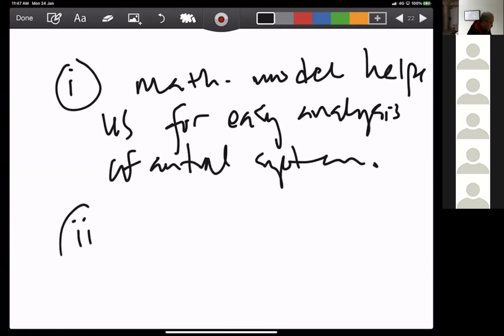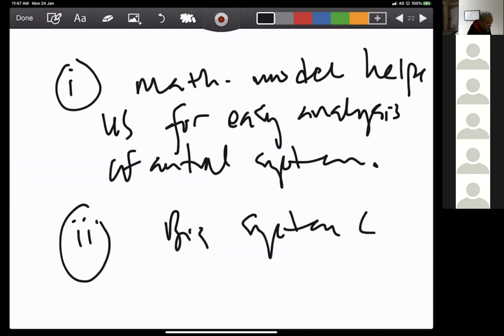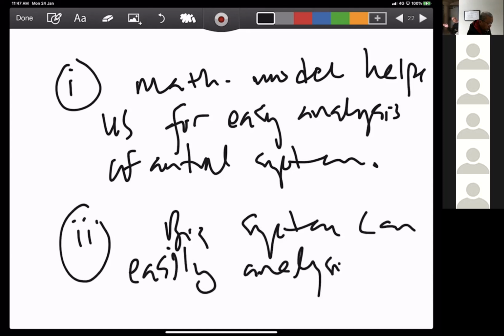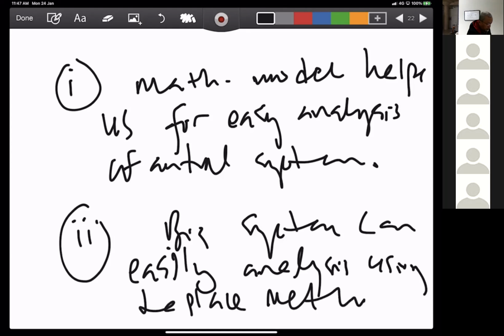And number two, big system can easily be analyzed using Laplace method. Okay.